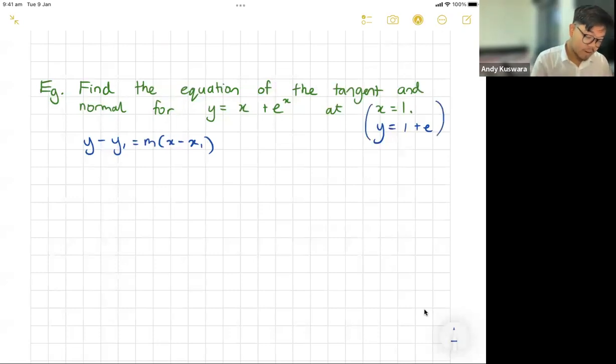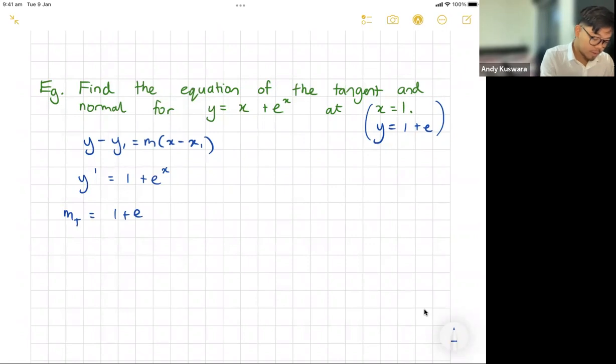all I need now is the gradient. So how do I find the gradient? Well, I use my derivative. So if I derive this, y dash is going to become 1 plus e to the x, and I hope you remember that e to the x, when you derive it, just becomes e to the x. So gradient of my tangent is going to be what happens when I substitute 1 in. So my gradient of my tangent is just going to be 1 plus e.